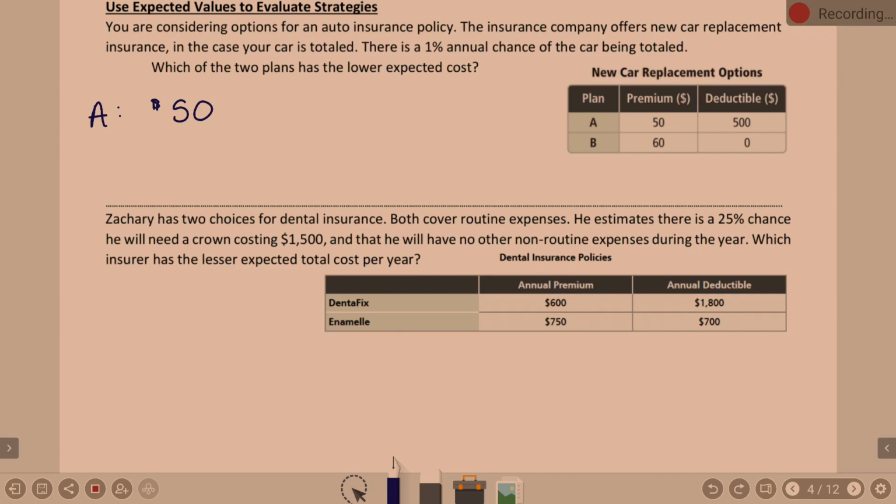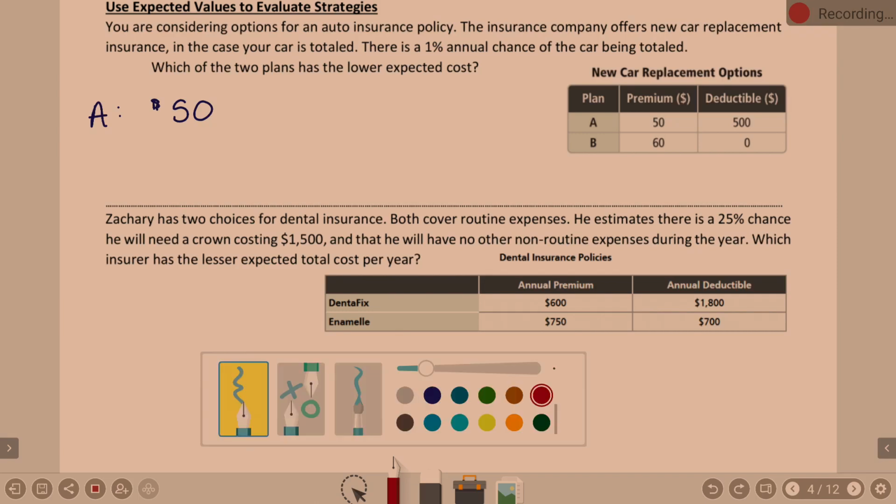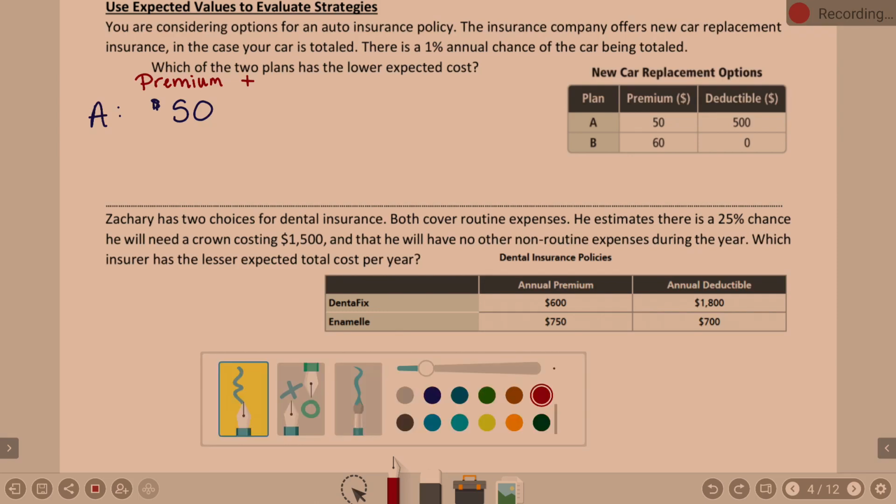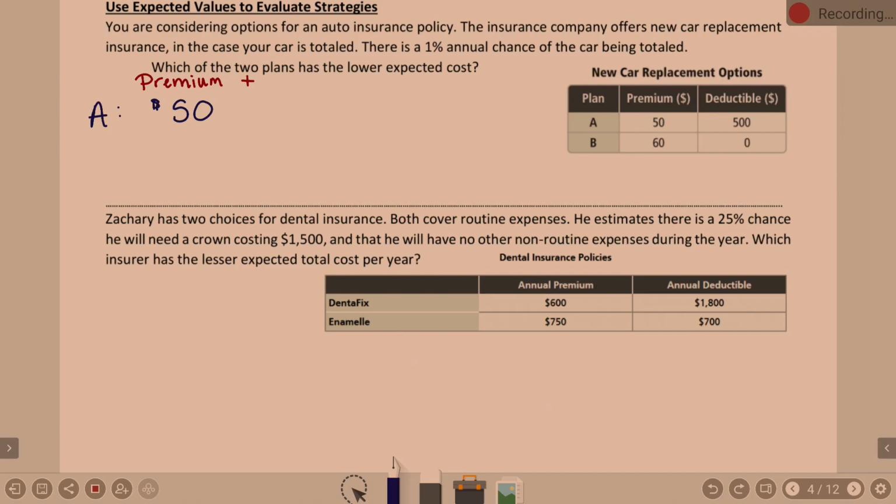Now, what else might I have to pay? You might have to pay a deductible of $500. What's the chance that I have to pay a deductible? 1%. So what is 1% as a decimal? 0.01.